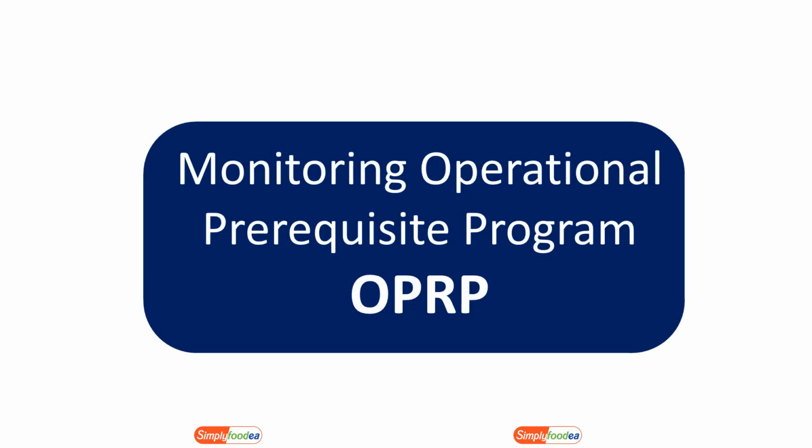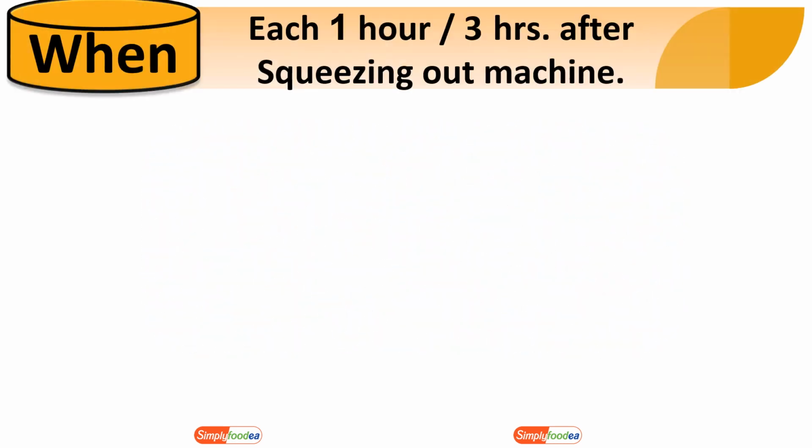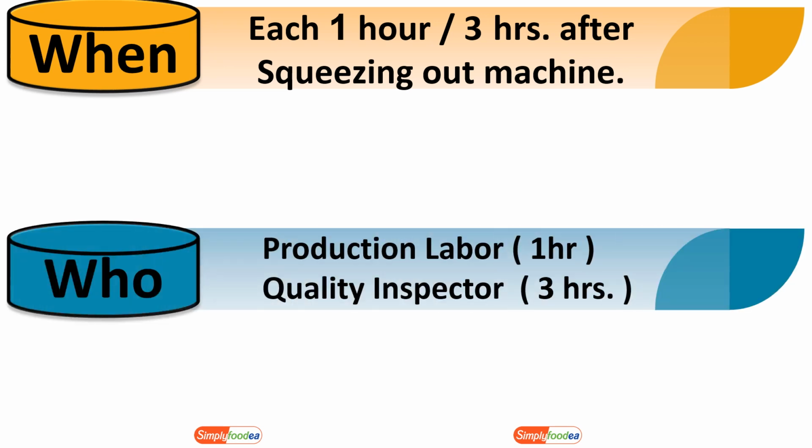On Simplyfoodea YouTube channel, when I explained the monitoring of the operational prerequisite program, the OPRP, as you can find in the card in the upper right of the slide, when we mentioned the OPRP filtering process, we mentioned the monitoring: each 1 hour by the production labor and each 3 hours by the quality inspector.